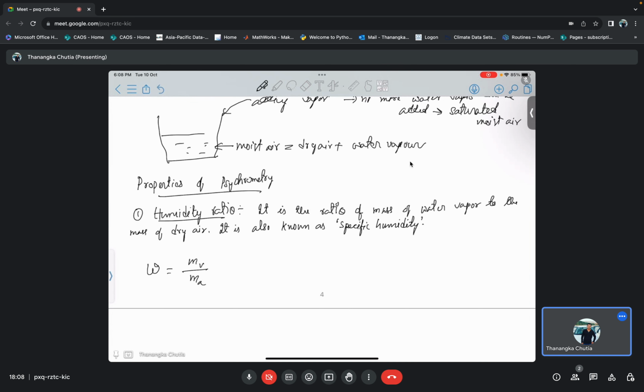Now from our ideal gas equation, I can write mass of the water vapor as mv = pv times V divided by R bar times T, and this one I can also write for dry air as ma = pa times V divided by R bar times T. Yes or no?